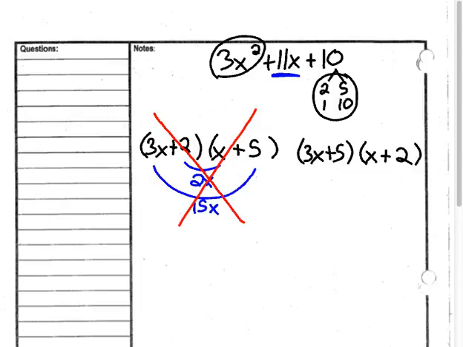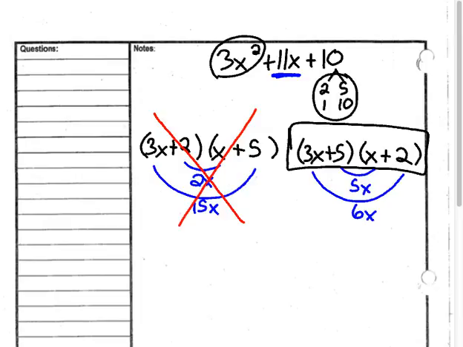So this time I'm going to get a 5x from that combination and a 6x from that combination. 5x and 6x do give me the 11x that I was looking for. So what that tells me is this is the factoring that I've been looking for. So again, just checking all those combinations to see which way you can put the numbers to get them to work.